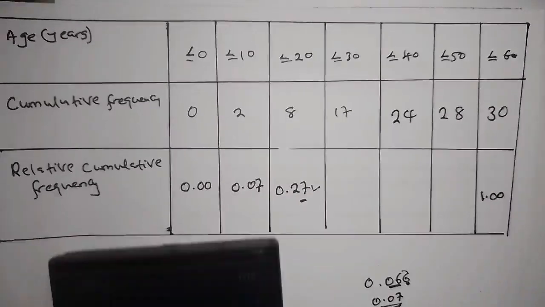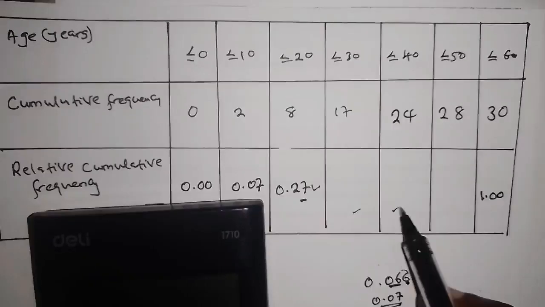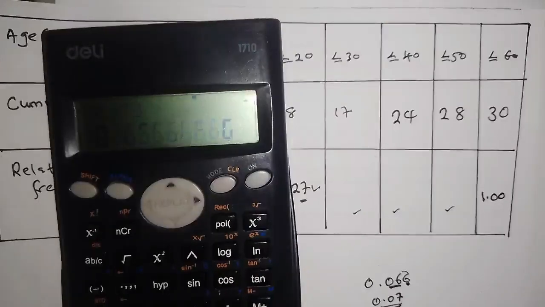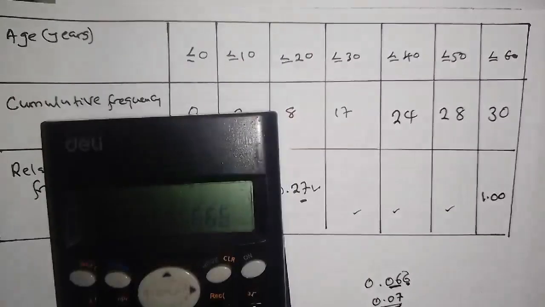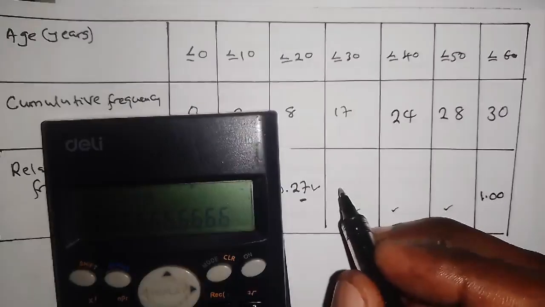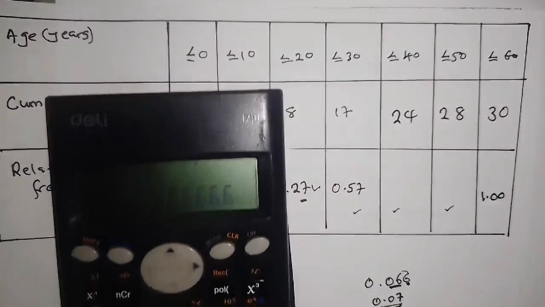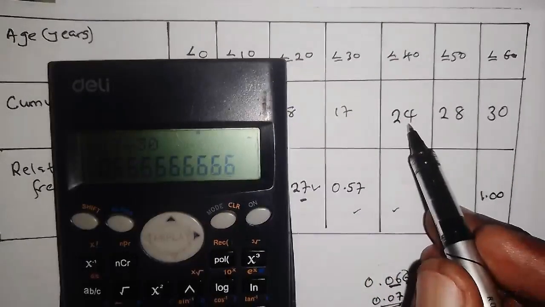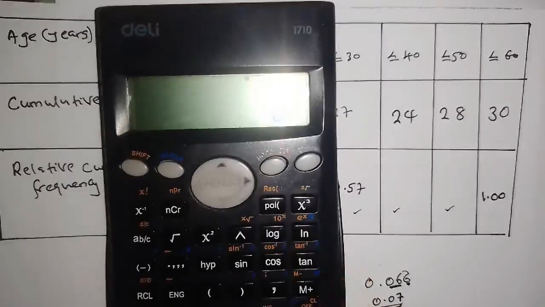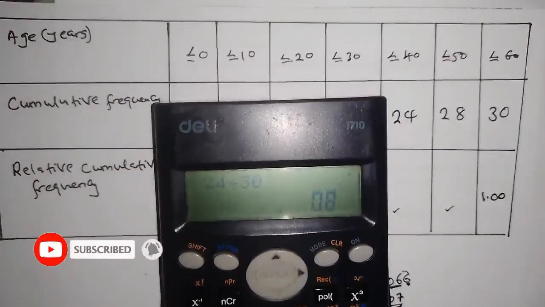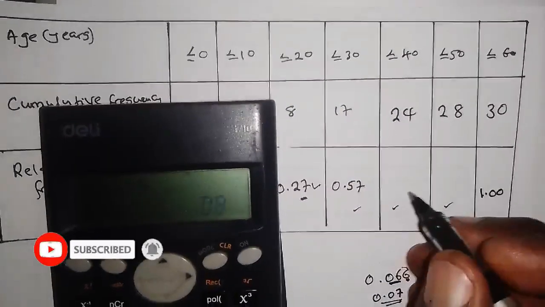Okay, so that's how they got 0.27. Now what about this one here? It's 17 divided by 30. You get 0.5666, so you're going to get 0.57. What about this one? It's 24 divided by the total number of people, 24 divided by 30. So you get 0.8.